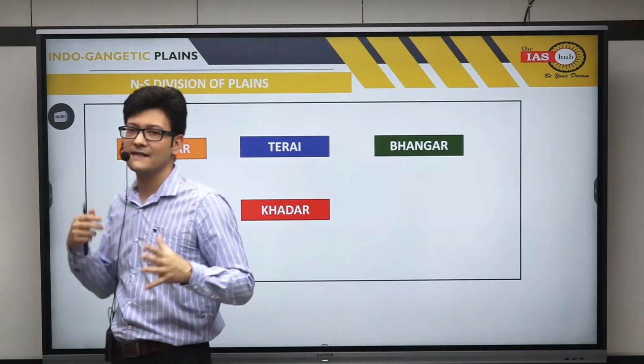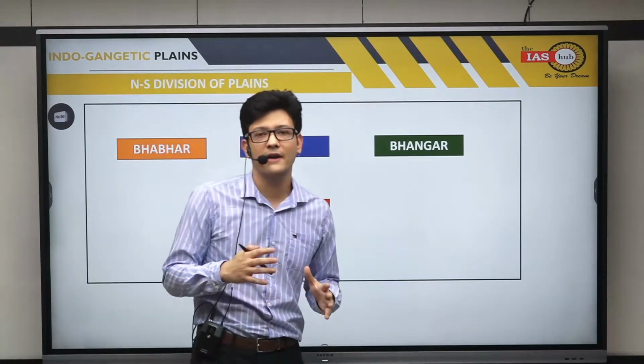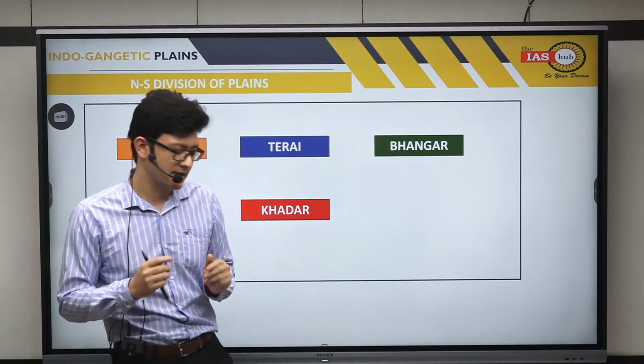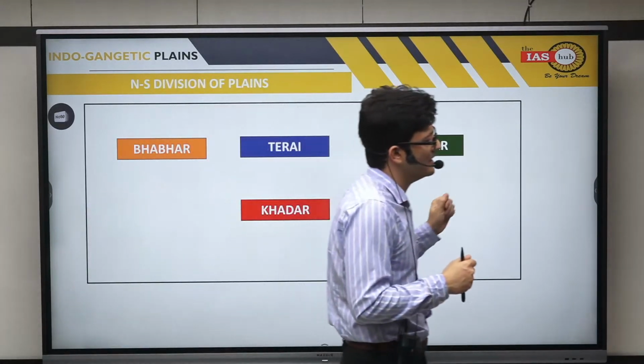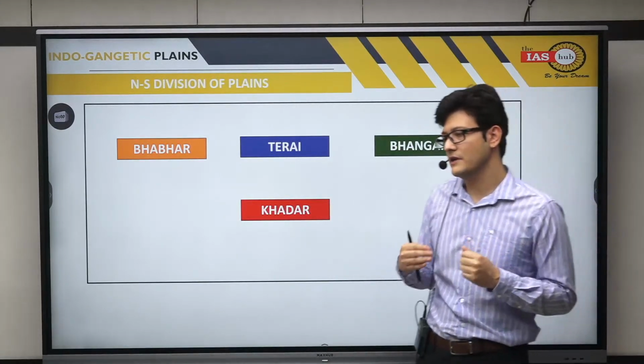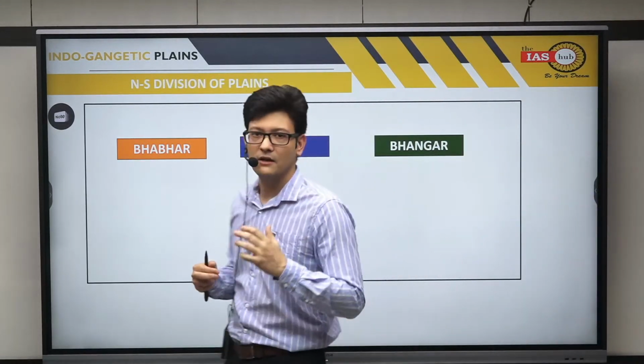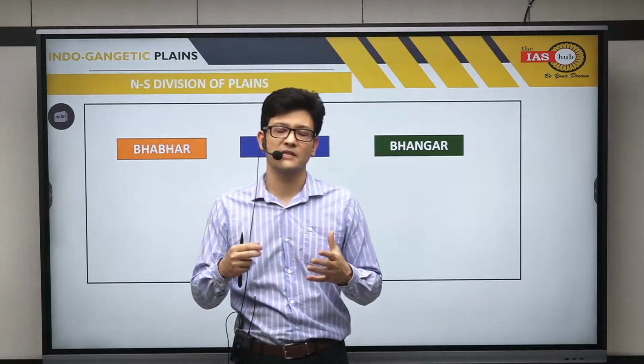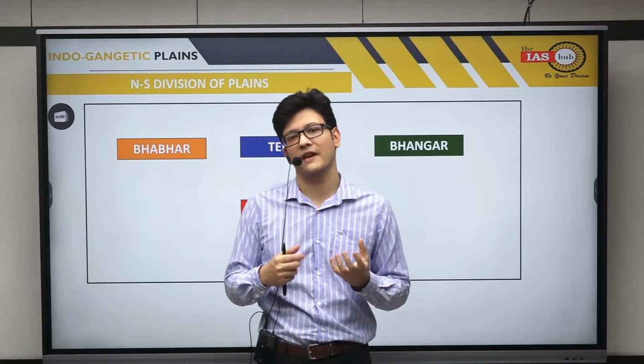Now while discussing the northern plains, we have divided them into certain characteristic forms. If we divide it from north to south, we divide it on the basis of the consolidated material they have gathered.